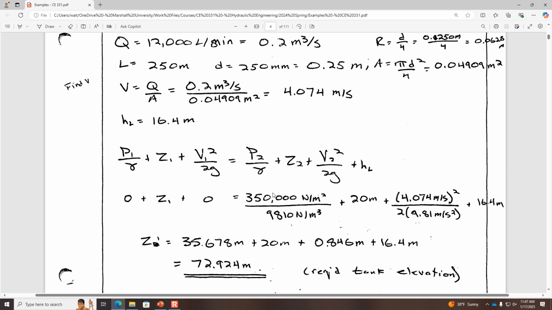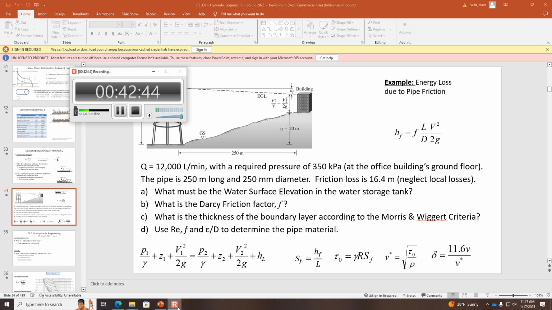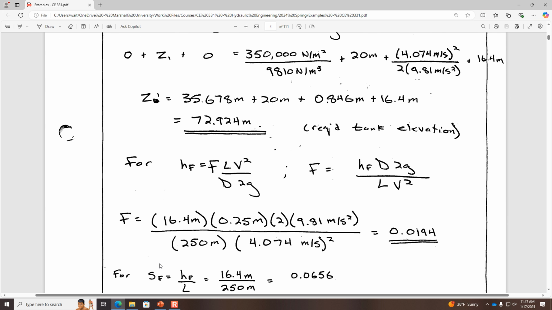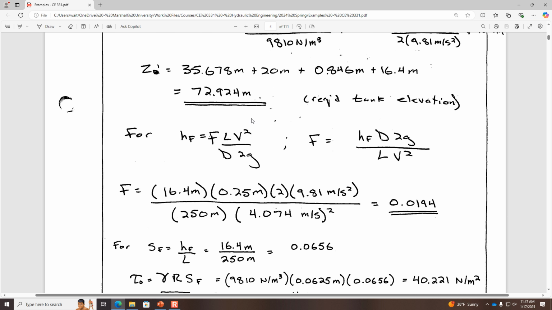Any questions with this first part of the problem so far? What else did we want to know? What is the friction factor? Okay, so now we're back calculating f based on the given formula for friction factor, rearranging that for f, and then adding in the head loss, the diameter, g, pipe length, velocity.